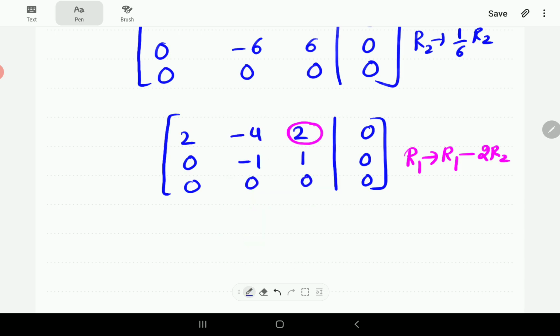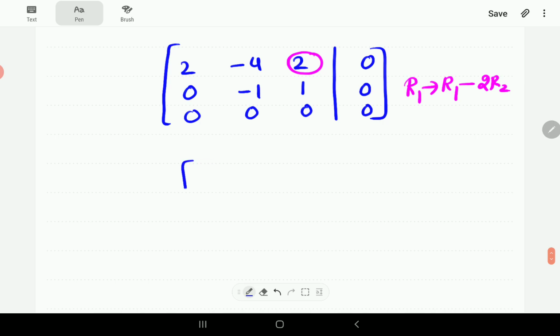Let's try. This one will be equal to 2, as we are not doing any changes here, it's 0. And then minus 4 plus 2 becomes minus 2, so 2 minus 2, which is 0 again. This is 0, negative 1, 1, and 0, 0, 0.